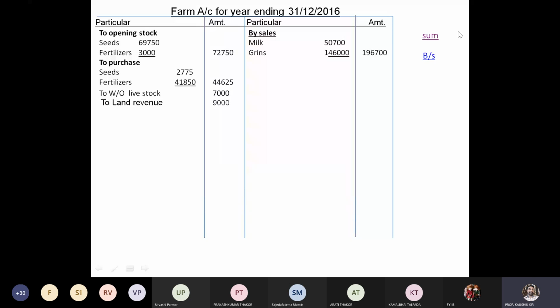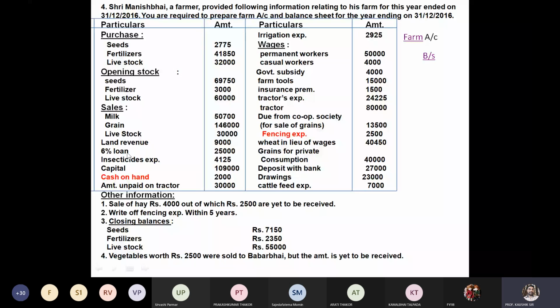Go to the sum again. Next, 6% loan 25,000. This loan is taken by the farmer, so it is a liability. And one thing you have to remember, 6% interest we have to pay. So the 6% loan will be shown as a liability in the balance sheet.